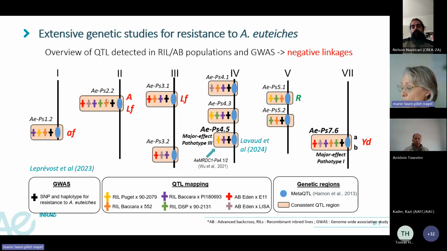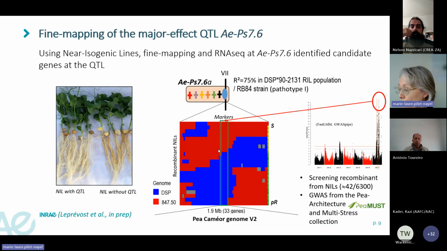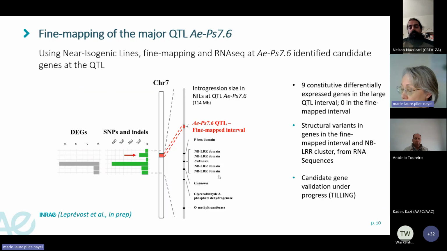Yes, for the moment, we don't know the functions of genes. We have a focus on the cloning of this QTL, AEPS 7.6, and we have identified candidate genes in the fine mapped intervals. But we still do not communicate on these genes because we would like to see if we can validate them by TILLING.